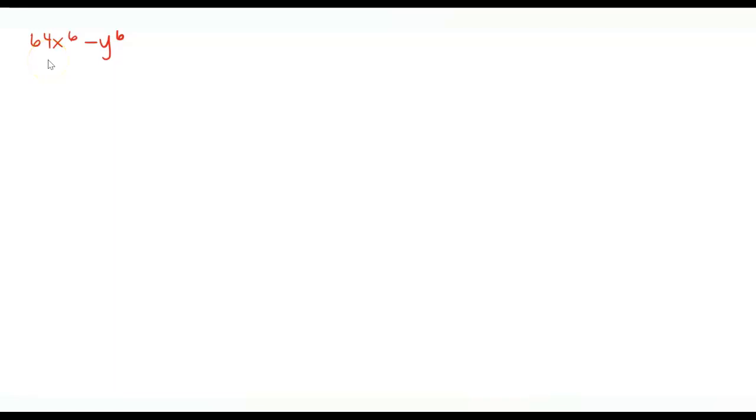So as we discussed with the difference of squares, we can see 64x to the 6th has a perfect square of 8x cubed. So I can go 8x cubed minus y to the 6th has a perfect square of y cubed. So we can see that because y cubed times y cubed equals y to the 6th, because remember, when we're multiplying variables, we add the exponents.